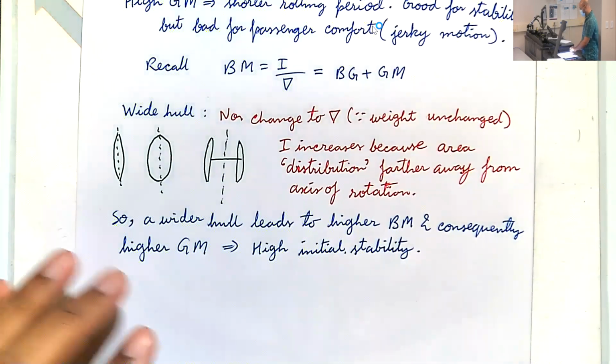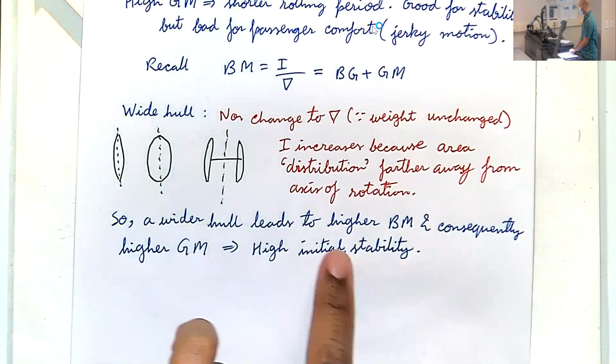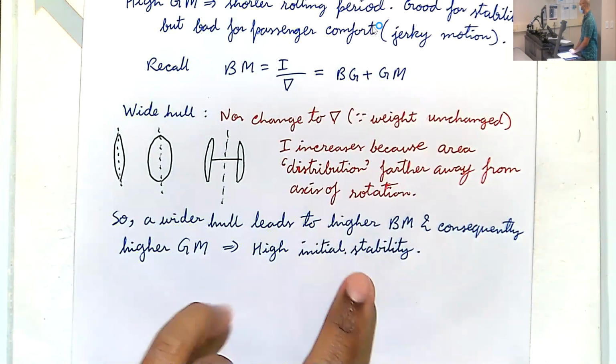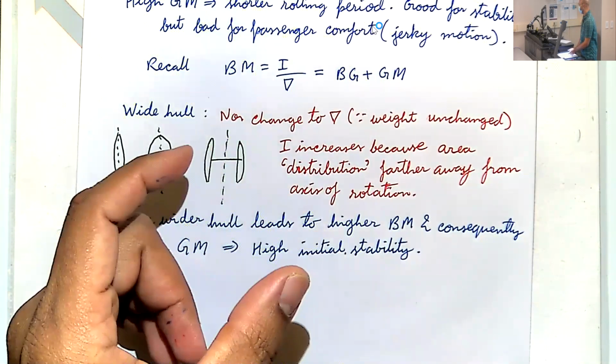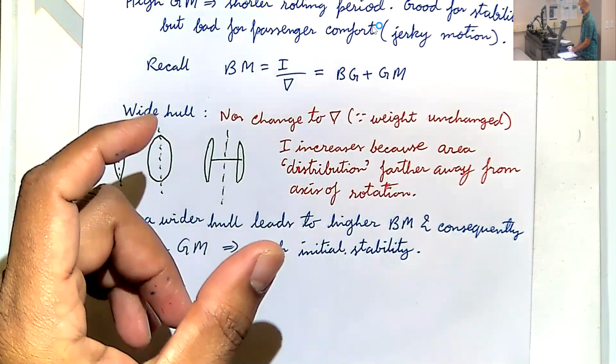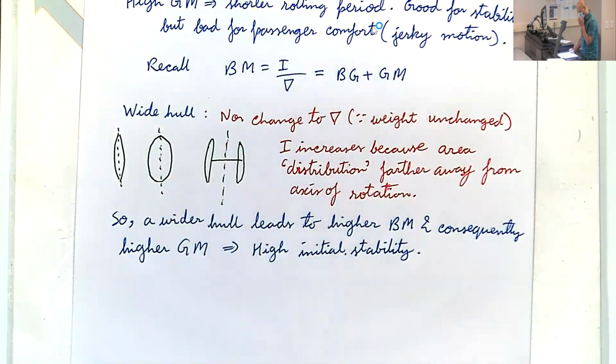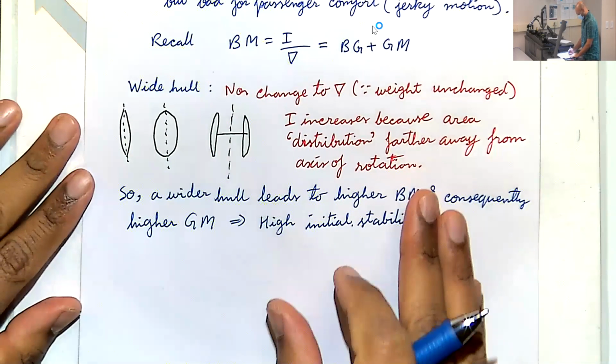And remember, whenever we talk about hulls, initial stability is one term. It means stability to rolling in the neighborhood of your stable configuration, of your initial configuration. Okay.